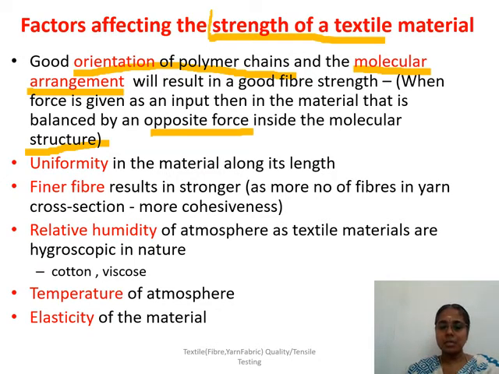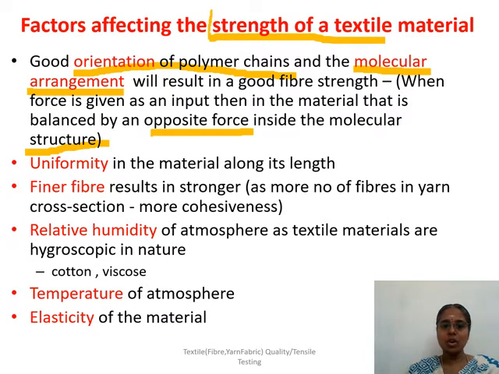So that they are maintained in the testing atmosphere so that the influence of both the relative humidity and temperature are neutralized. Then the elasticity of the material. Sometimes the material may not break at that strength. It elongates to a very high extent, only then it breaks. So elasticity also has an influence on your strength reading.